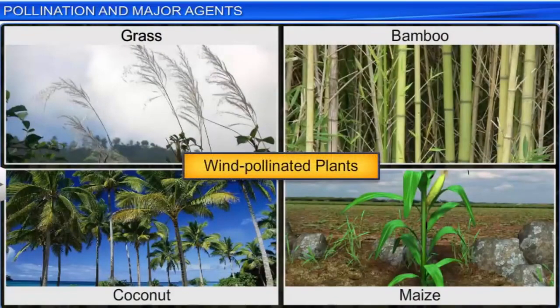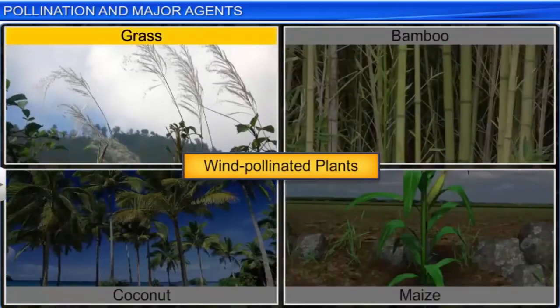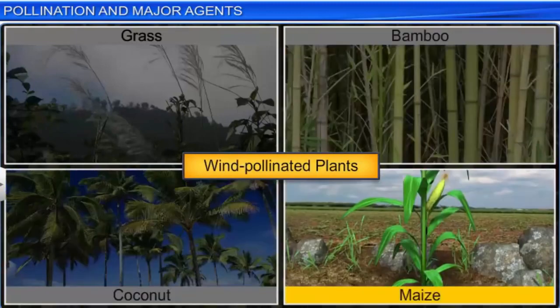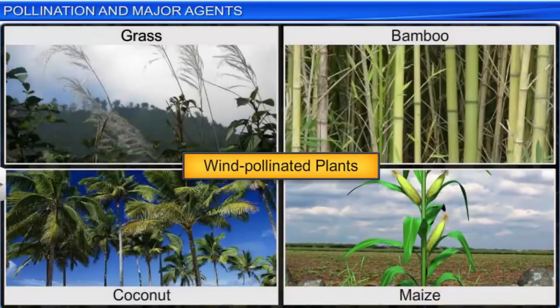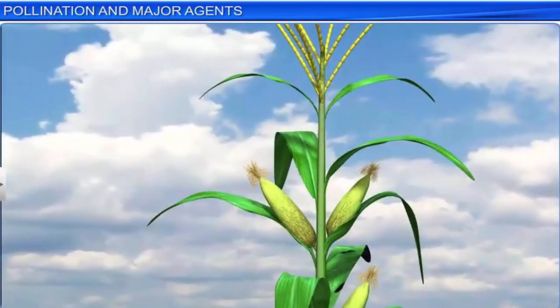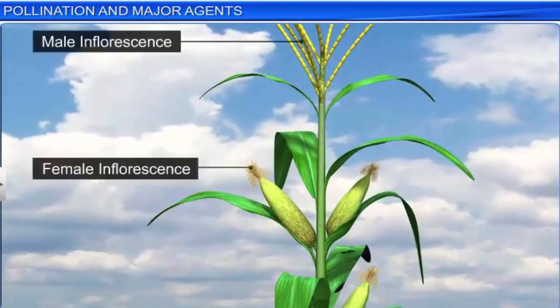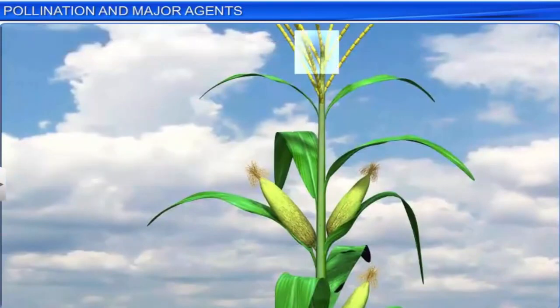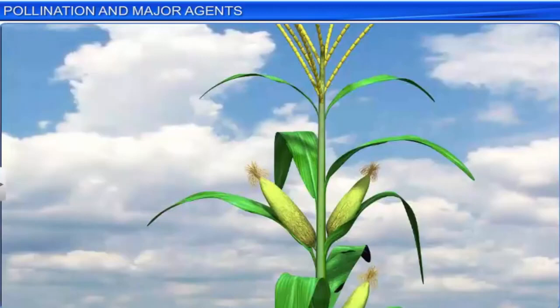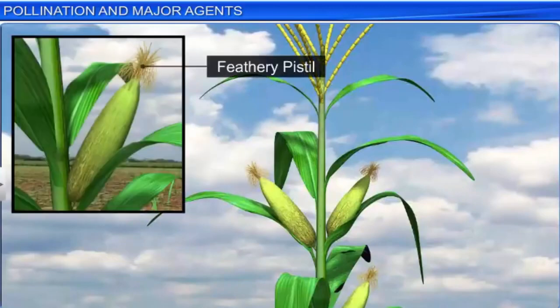Wind pollination also occurs in terrestrial plants such as grass, bamboo, coconut, and maize. These plants possess a compact inflorescence with well-exposed stamens that allow easy dispersal of pollen, and a large feathery pistil which makes it easy to trap pollen.